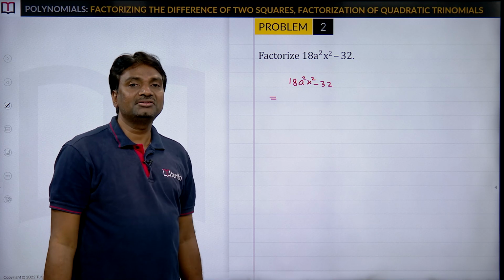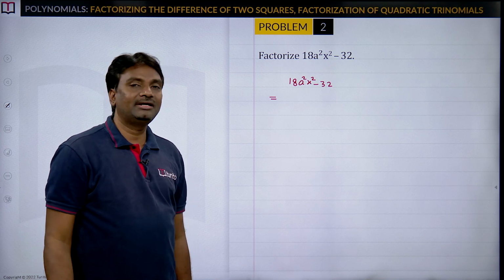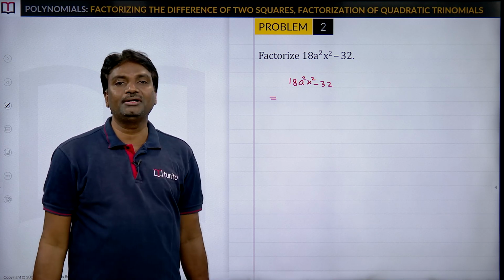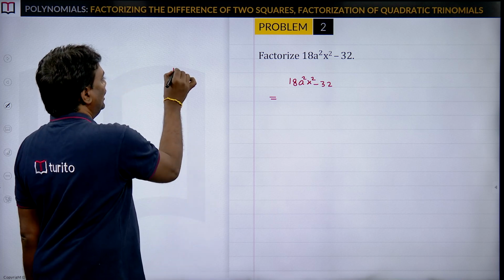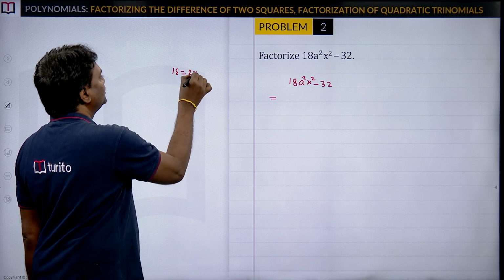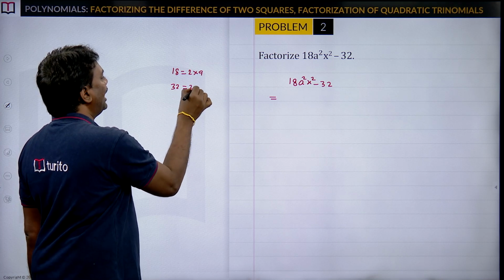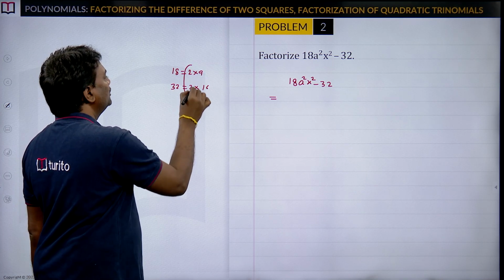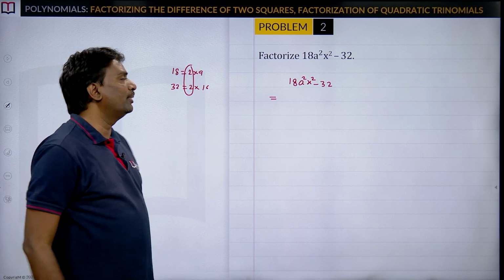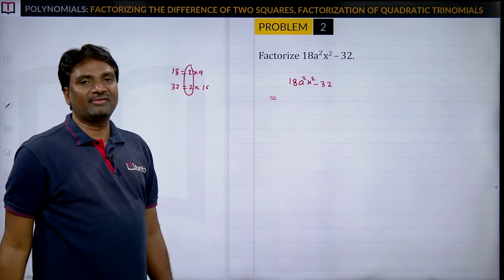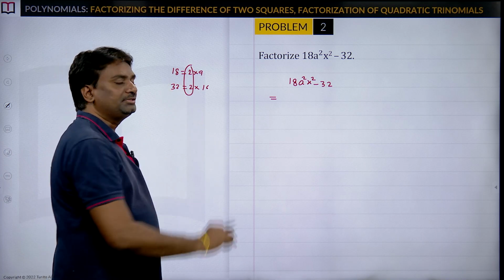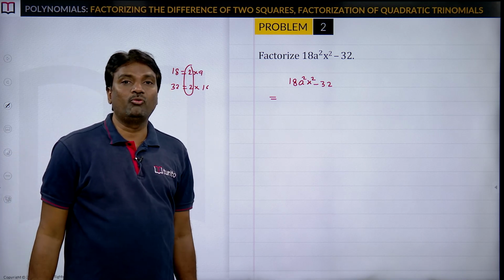18 can be written as 2 into 9, second term 32 can be written as 2 into 16. So, this 2 is clearly a common factor, 9 is a perfect square 3 square, 16 is also a perfect square 4 square.